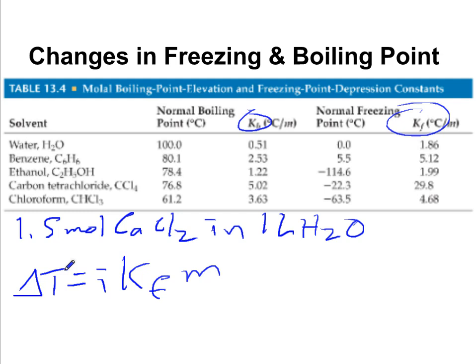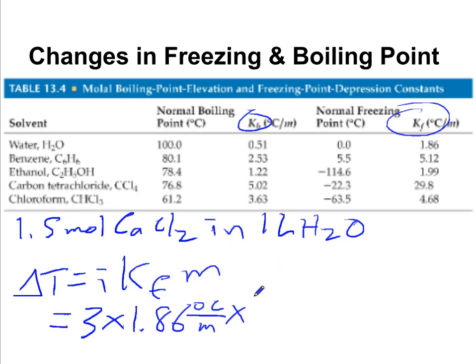So let's start plugging things into our equation. i is our van 't Hoff factor. This will dissociate into 1 calcium ion and 2 chloride ions for a total of 3 ions. Kf for water is 1.86 degrees Celsius divided by molality, so 3 times 1.86. And our molality for this is moles per kilogram.